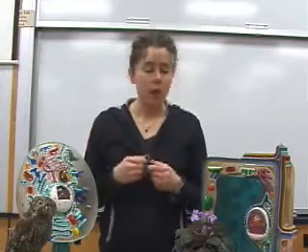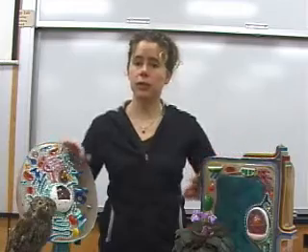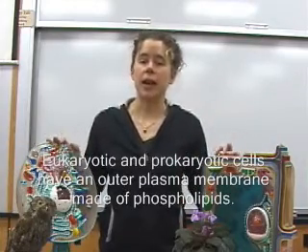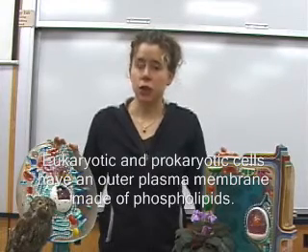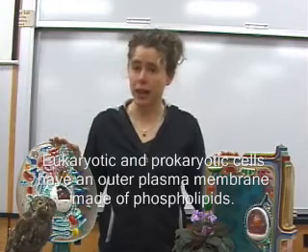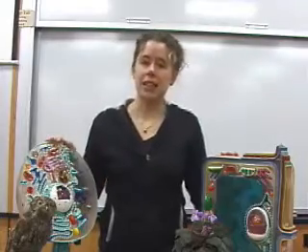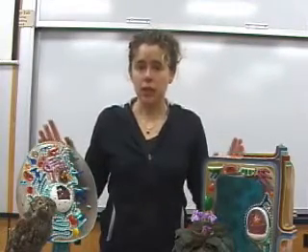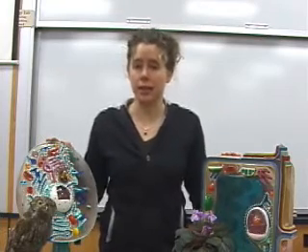For example, in both of these cells, you'll find the outer surface of the cell, the outer functional surface, defined by a plasma membrane made of phospholipids. This structure will be the same for all cells we look at, including prokaryotic cells, and the membranes we find inside the cells will also be made of these phospholipids. So that's a useful piece to understand. It'll help guide us through these eukaryotic cells.